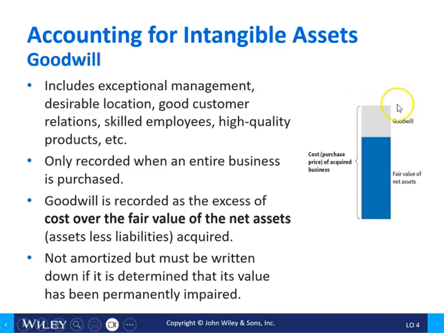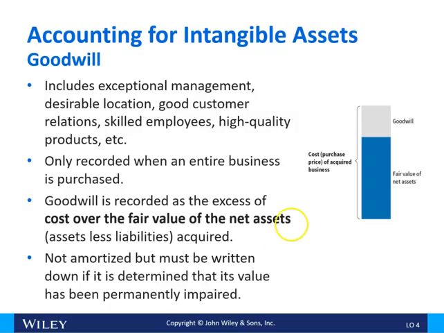The purchase price could be more than that fair value. So the difference is goodwill. So goodwill is recorded as the excess of cost over the fair value of net assets that were acquired. It's not amortized, but periodically you have to do an analysis to determine if the value has been permanently impaired.